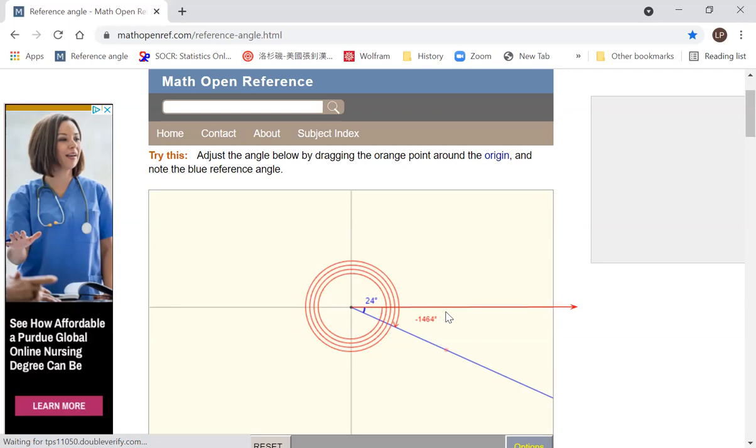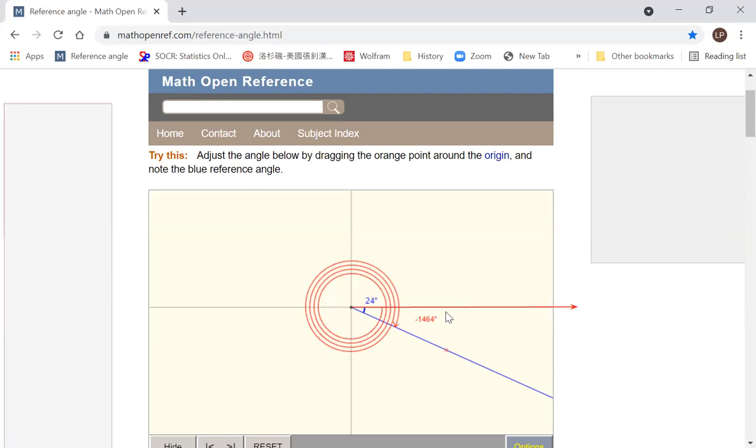what do we see in this process? What's the relationship between angles and their reference angles? I want you to think about it, okay? You guys could get on the website and play with it.